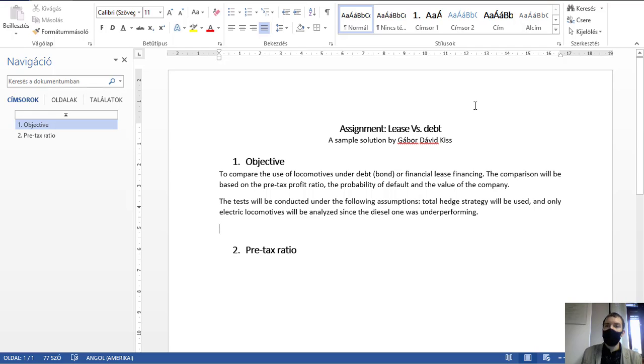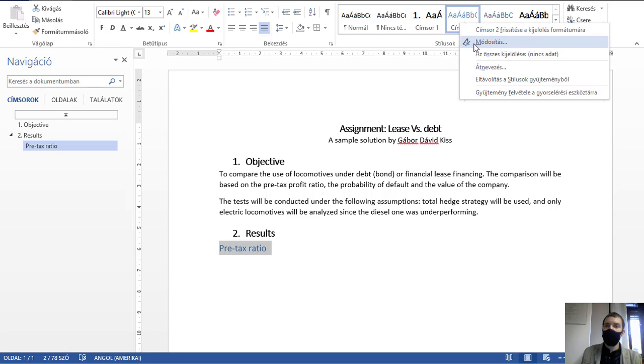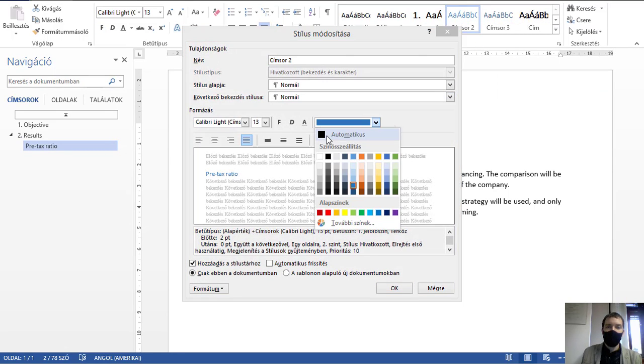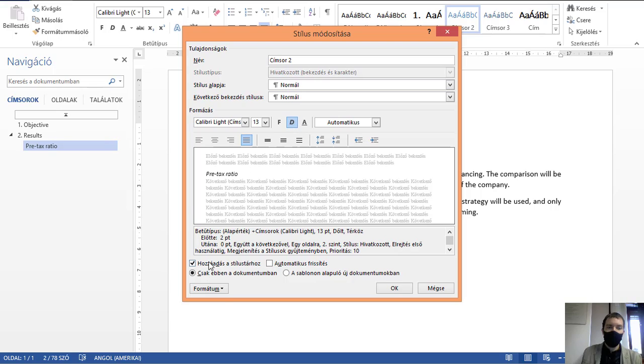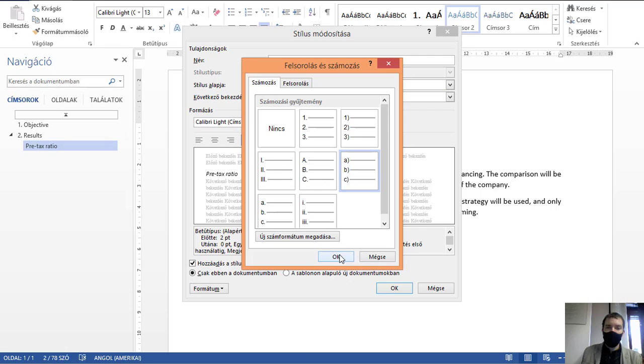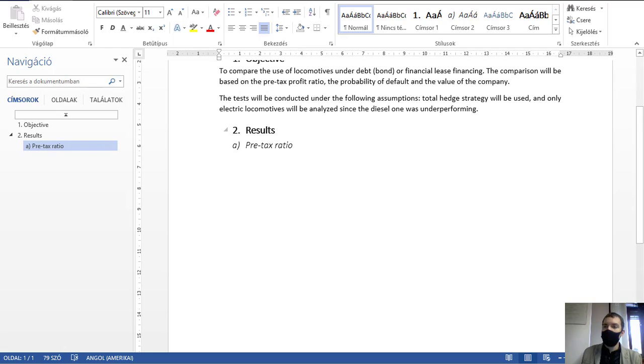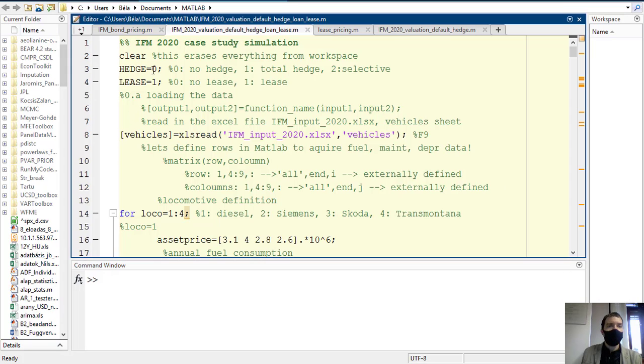Okay, let's say that results will be the main title, and the subsection will be pre-tax ratio. So let's give letters for that. Okay, so hedge, total hedge.